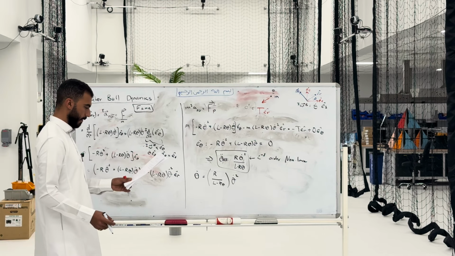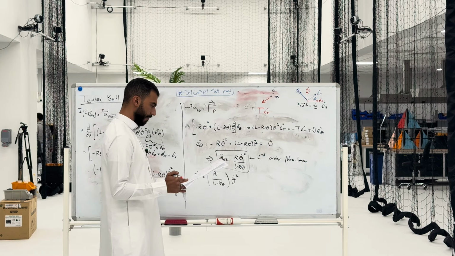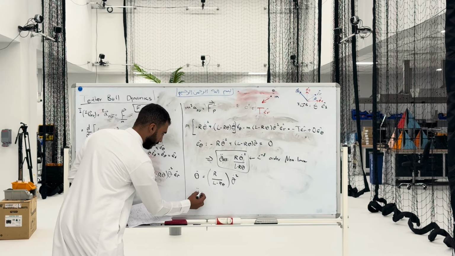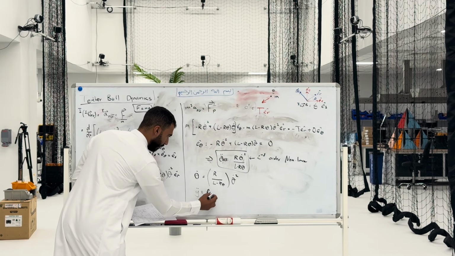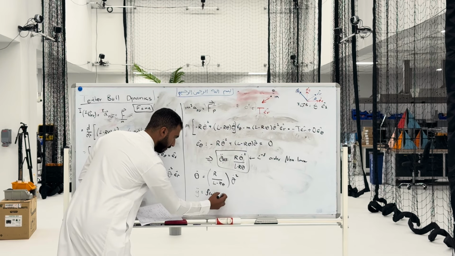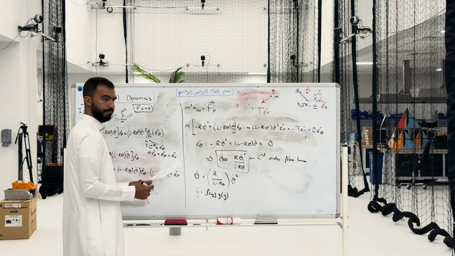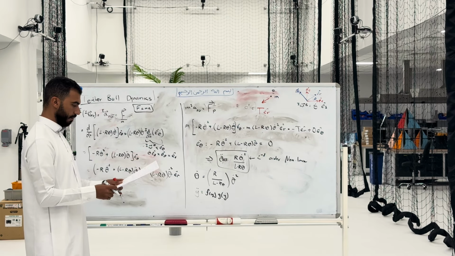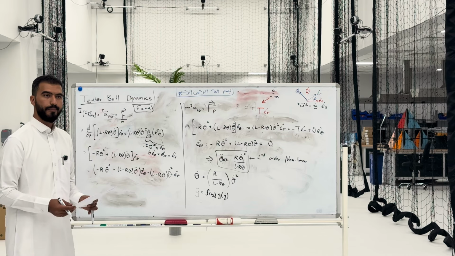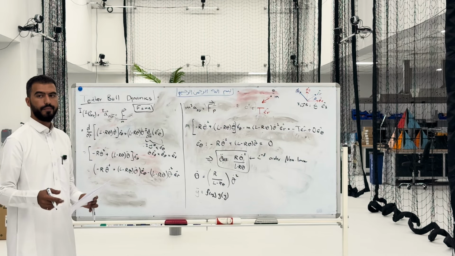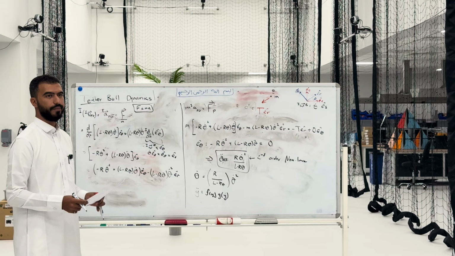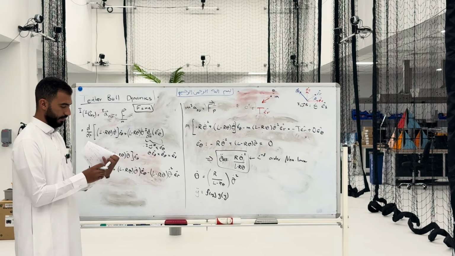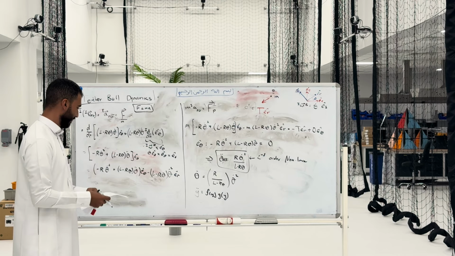This is of the particular form y double dot equals a function of y times a function of y dot, and you can solve it to get theta in terms of time. Done? Thank you guys.